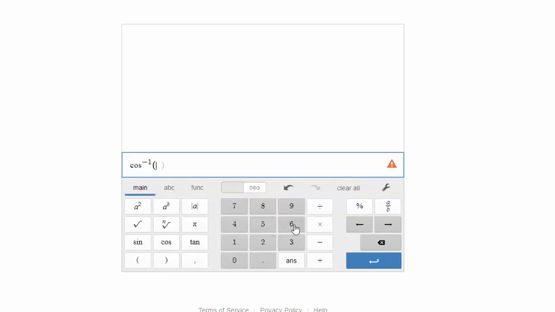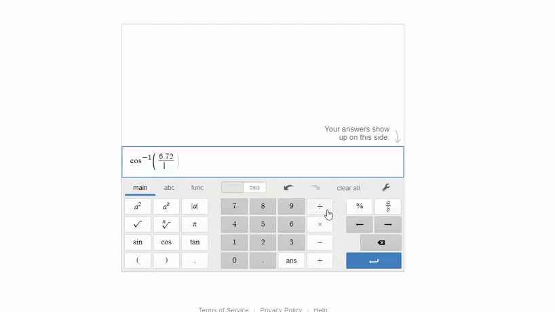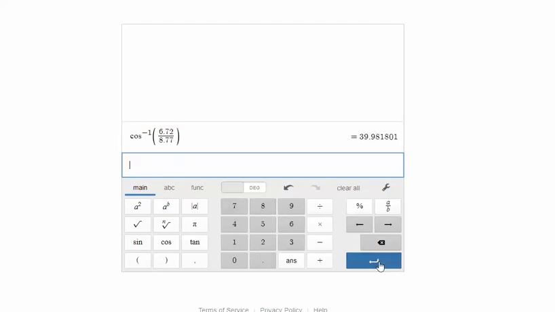So we had 6.72, and that was in our numerator, and then in the denominator we have 8.77. Okay, so you see how this gives me 39.98. So this is a rounded answer because there would be more numbers behind our decimal place.